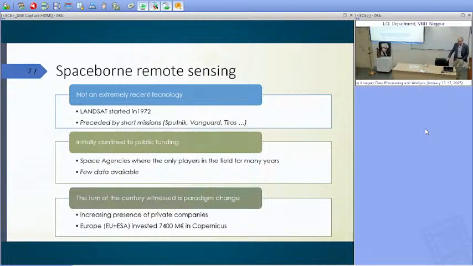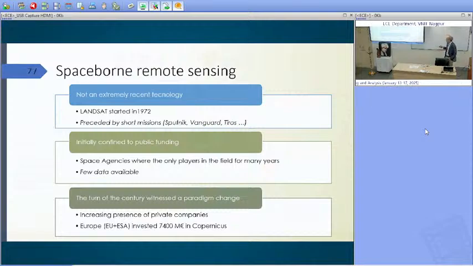Spaceborne remote sensing is not an extremely recent technology. As I mentioned at the beginning, we had the Landsat series, which started as early as 1972. The space agencies were for a long time the only actors in the field because these missions were so expensive that no individual company could afford this spending.